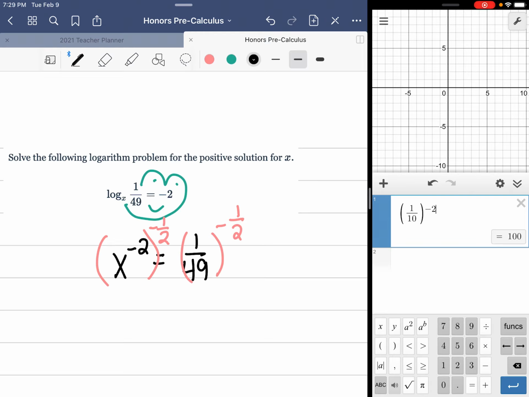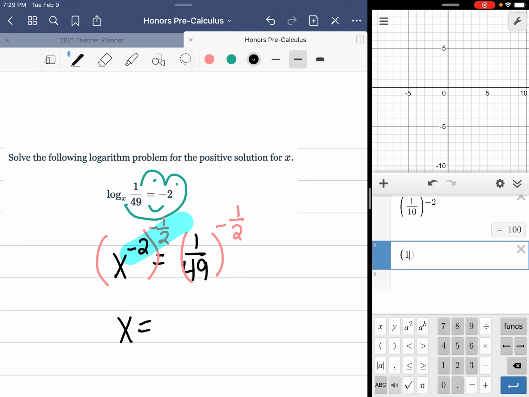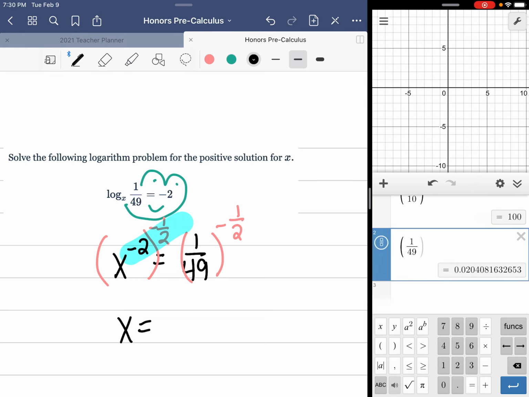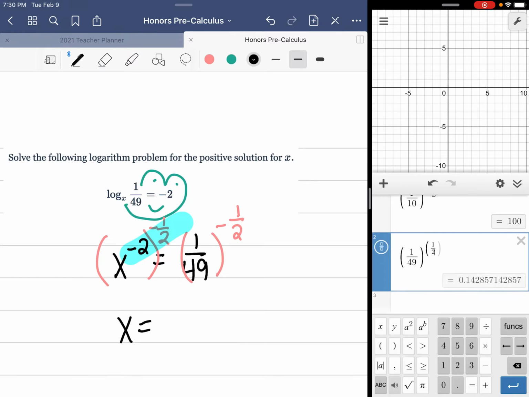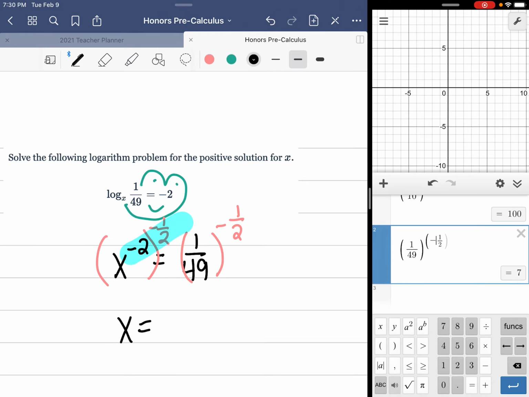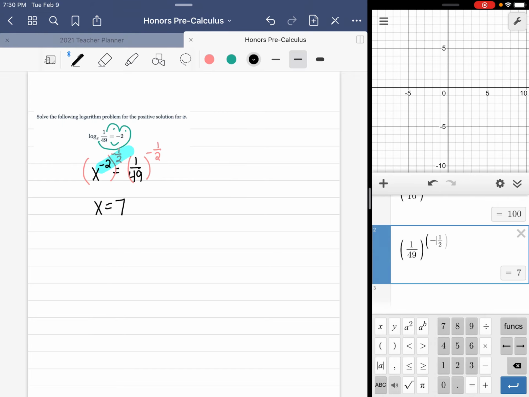So we're going to raise it to negative 1/2. So these are going to cancel, because that's going to wind up equaling 1. So x equals, and then I have 1 over 49 raised to, and then I have negative 1/2. Let me put that negative in there. And we get our answer is 7.